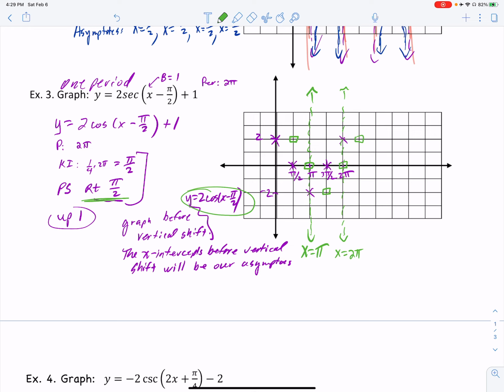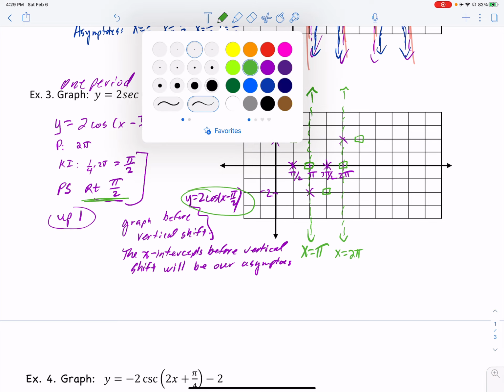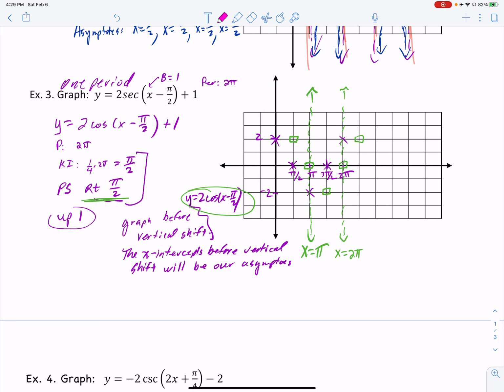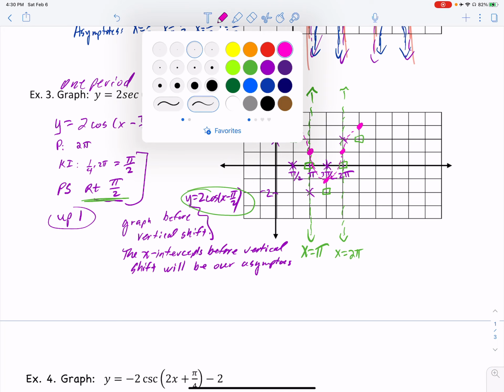And then finally, I'm going to shift this cosine graph up 1. So let's use something else for that. Bright pink. So now cosine would be here, here, here, here, and here. So I'm going to dot the cosine, dash it. And where we have our maximum, so for our 2 secant graph, my final graph of this, I guess we'll do dark blue.